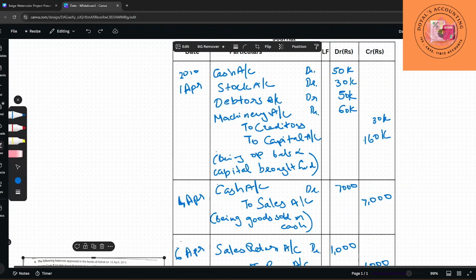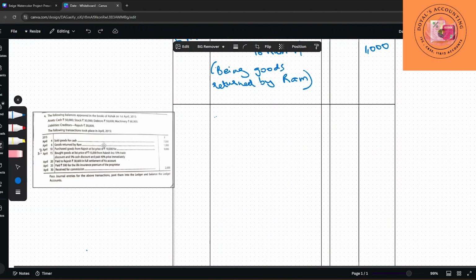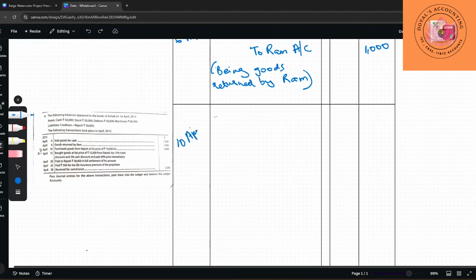Now the next entry. On 10th April, we have purchased goods from Rajesh at a list price of 10,000 rupees for 9,000 rupees. That means we have been given a discount.